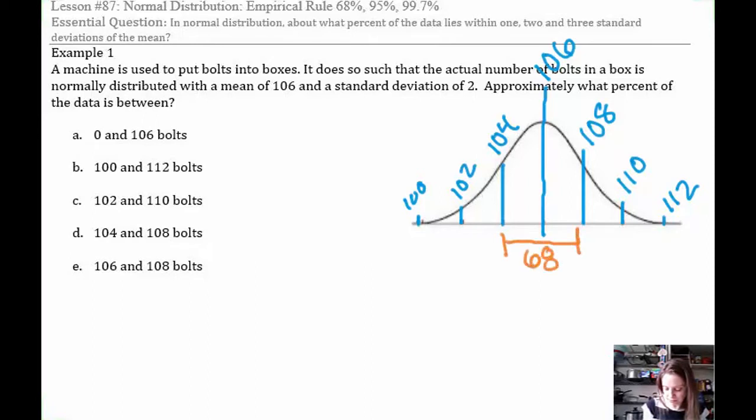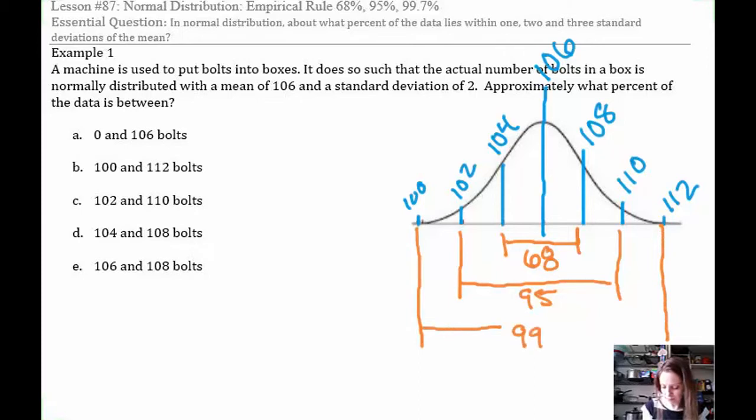We have 68% of the data lies within 1 standard deviation, 95% lies within 2, and 99.7% lies within 3. Okay, now let me start to answer these questions.